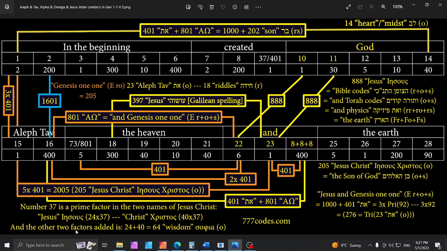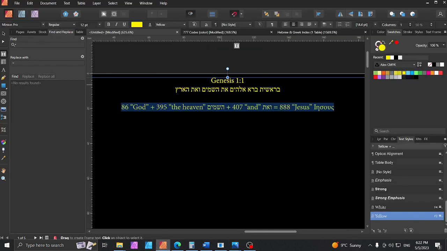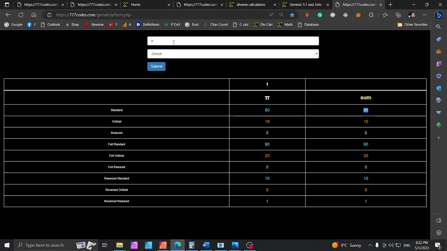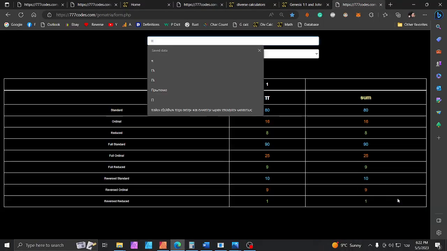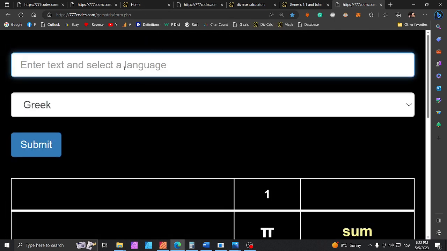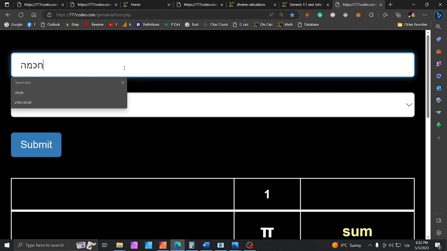And the two factors, 24 and 40, added equal wisdom in Greek ordinal. And 37 is the value of wisdom in ordinal, and 73 in standard Hebrew. I will show you here. This is how you write wisdom in Hebrew.